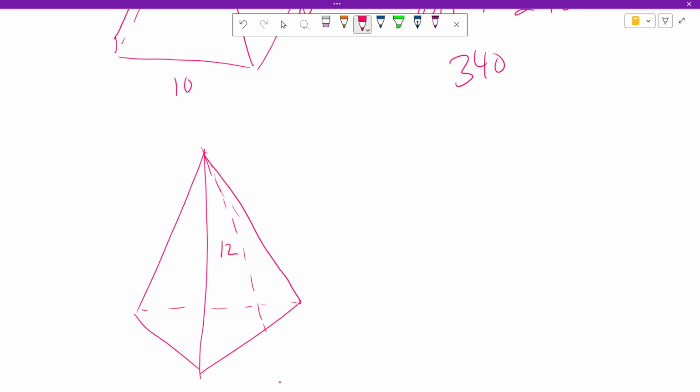So here the slant height is 12. This is 6. This is 8. Okay. So how do we find the area of the base? The area of that bottom triangle. 8 times 6 divided by 2.